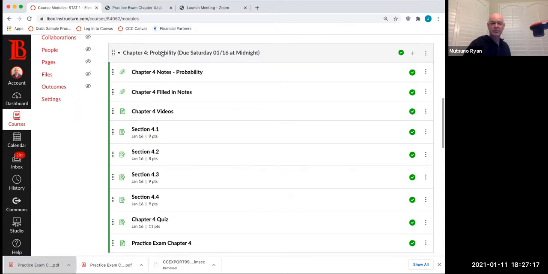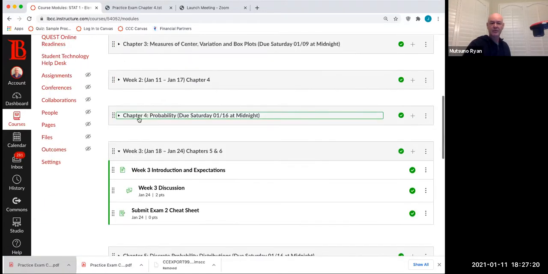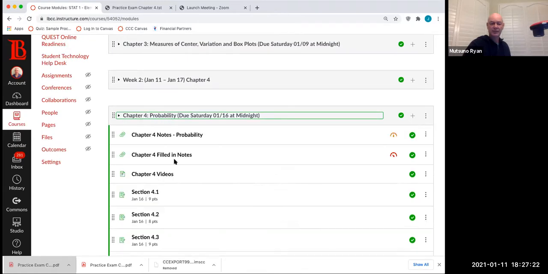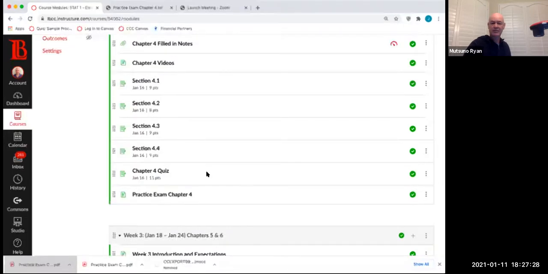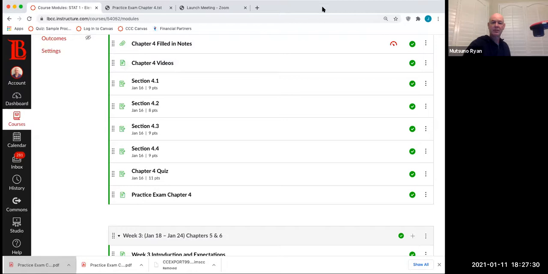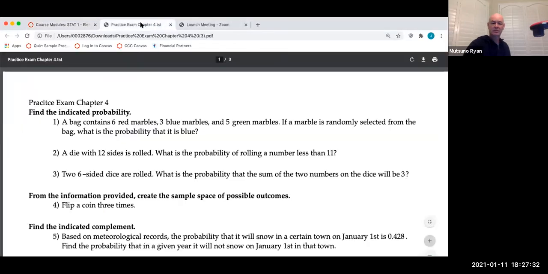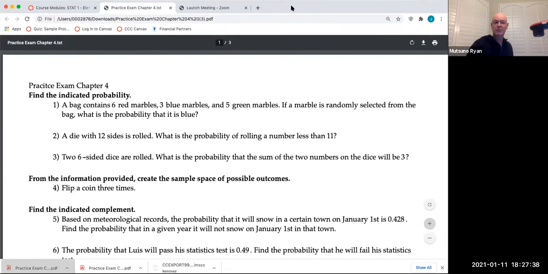And you'll go to where it says chapter 4. And in chapter 4, the very last item is your practice exam. And what'll come up is exactly this here. And you can download it as a PDF, or you can just view it on the screen as you do that. But these are the problems that I'm going to be going through today.